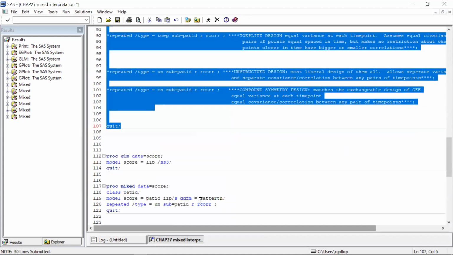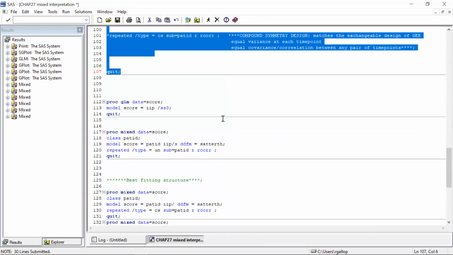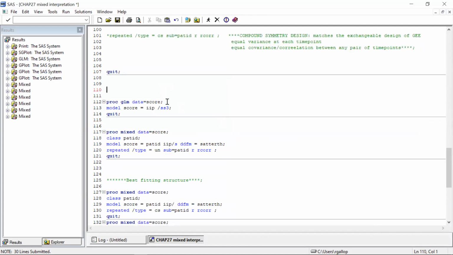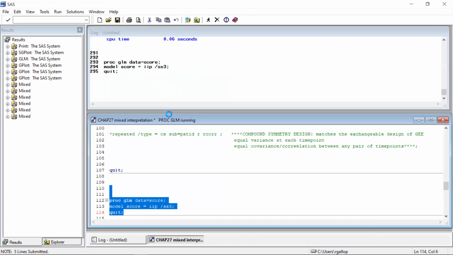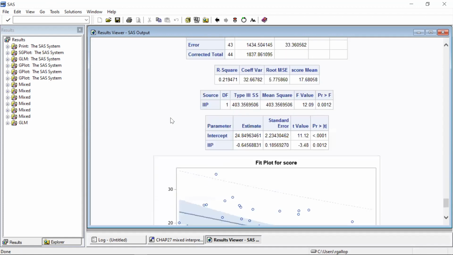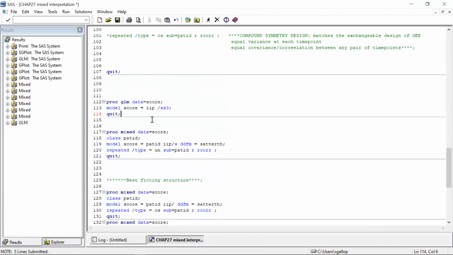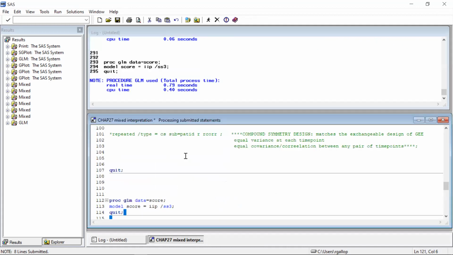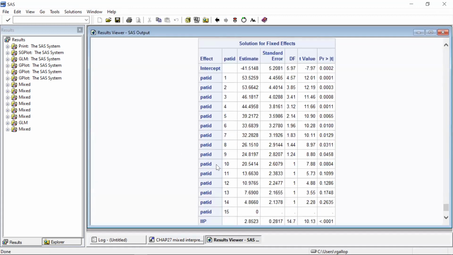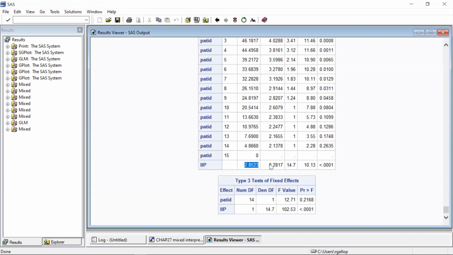That's cool. Again, if we ignored the clustering of the data, we got a negative relationship, but when we account for the repeated measures, we have a positive relationship.